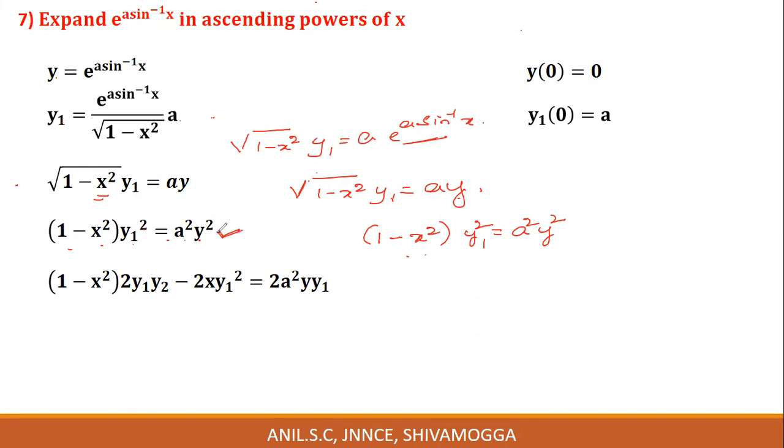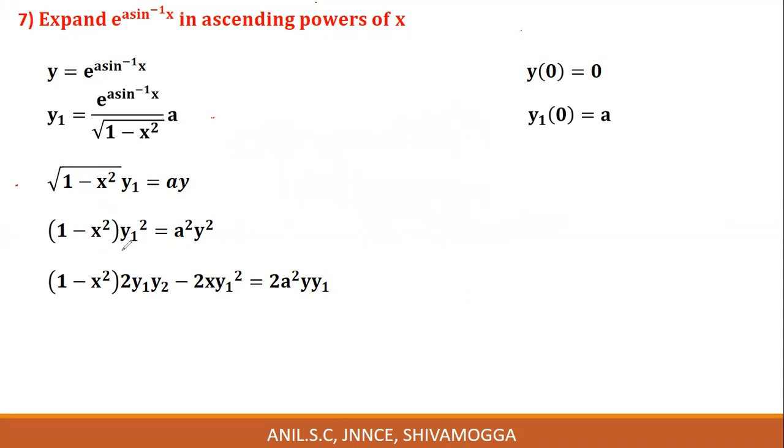Now differentiate this expression throughout with respect to x, in order to obtain y2. First, we differentiate this term. 1 minus x square is to be treated as first function and y1 square as second function. 1 minus x square into derivative of y1 square, which is 2y1 into y2, plus derivative of 1 minus x square, which is minus 2x, into y1 square as it is.